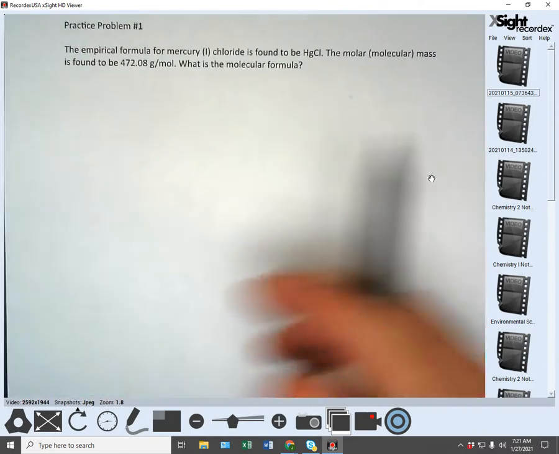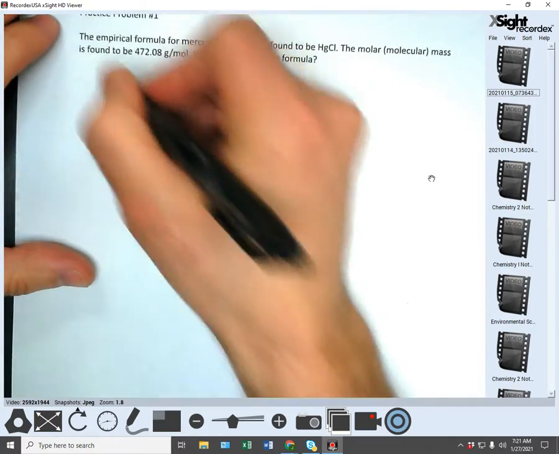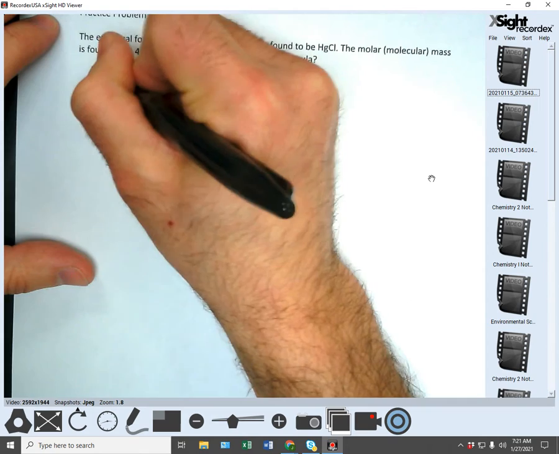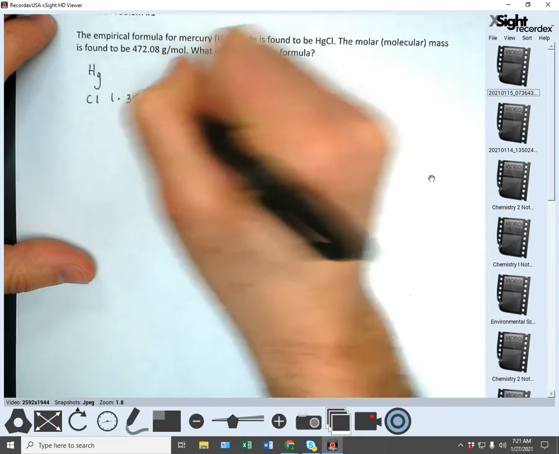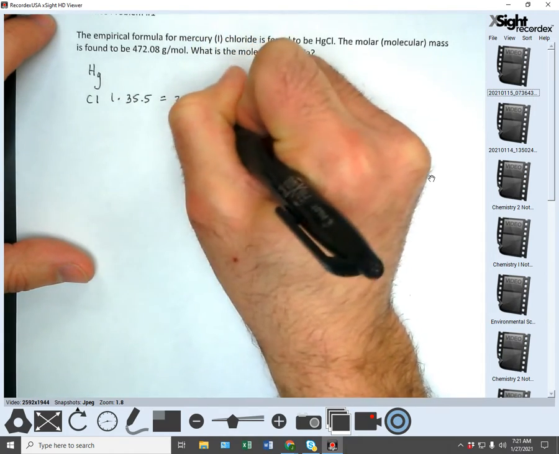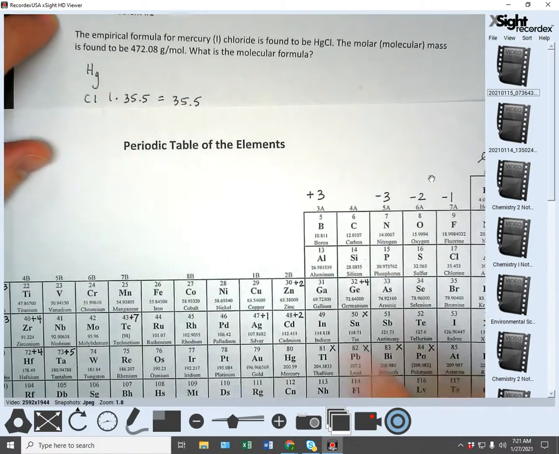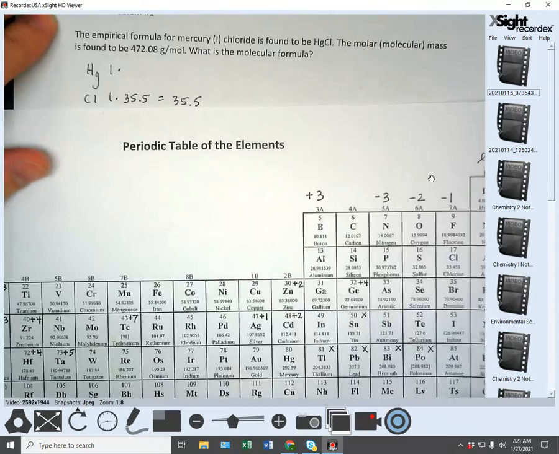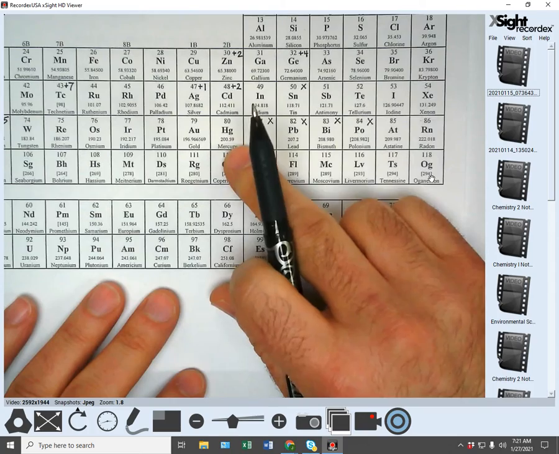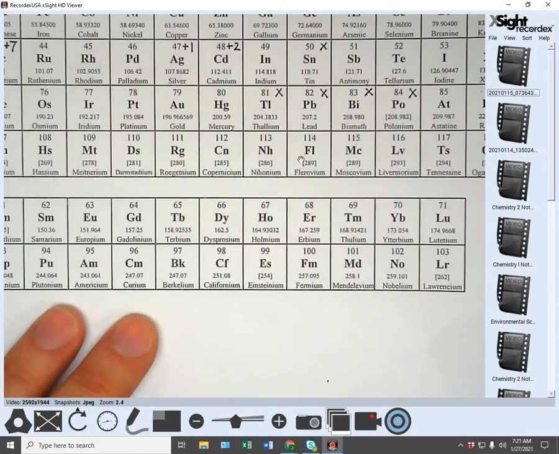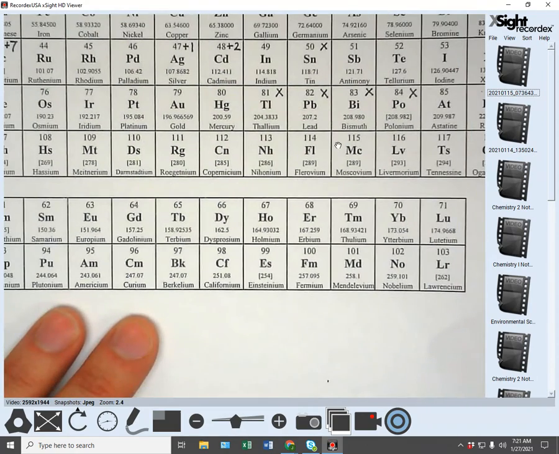Okay. Second thing, calculate the mass of the empirical formula. So we've got HgCl, right? Cl is 35.5. I know that one off the top of my head. Hg, look at it on the periodic table. So obviously it's 1 times, where's mercury? Okay, here it is. Hg is 200.59, so 200.6.